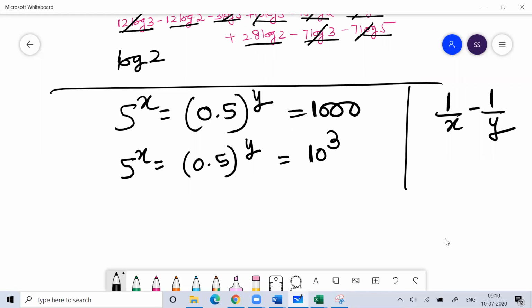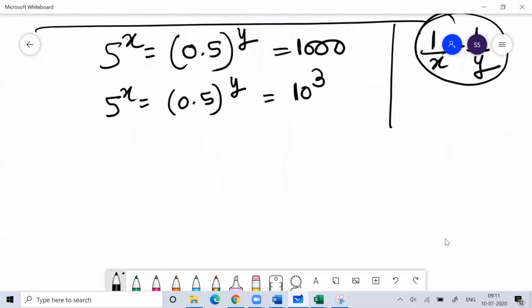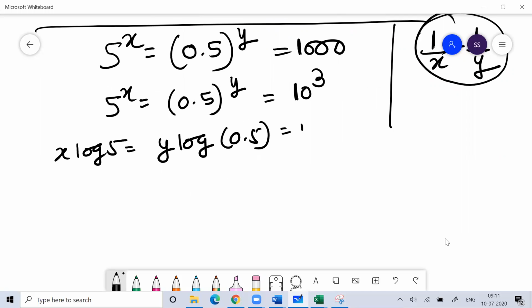Now I have to find this value. It means I want x and y in integer form, but here they are in power form. The best way to convert the power into an integer is to multiply with log. So x log 5 is equal to y log 0.5 is equal to log 10 to the power 3.